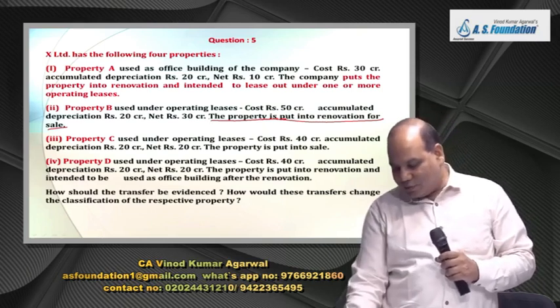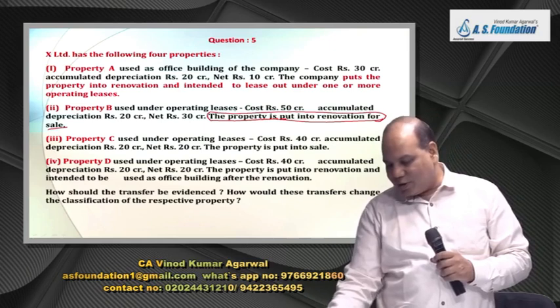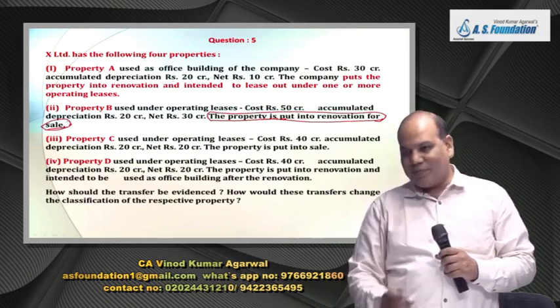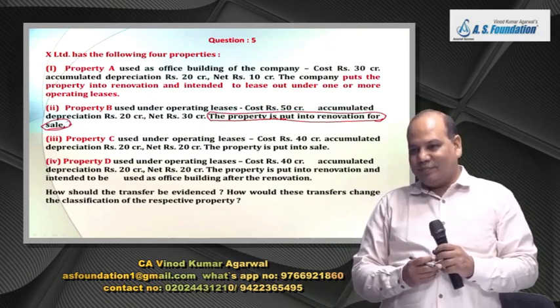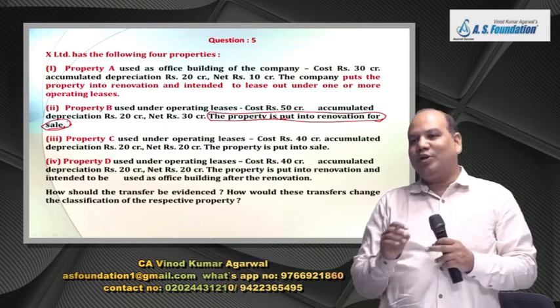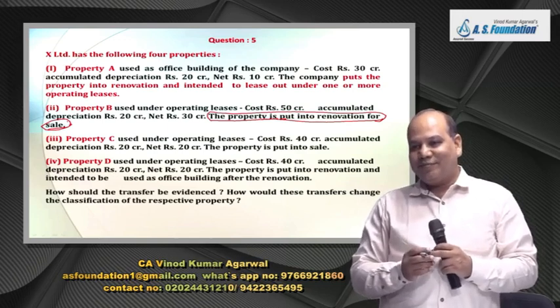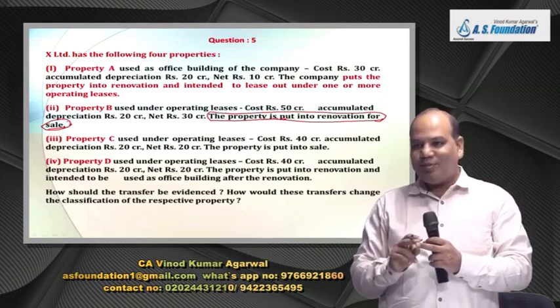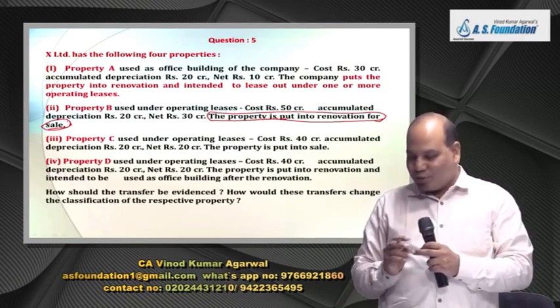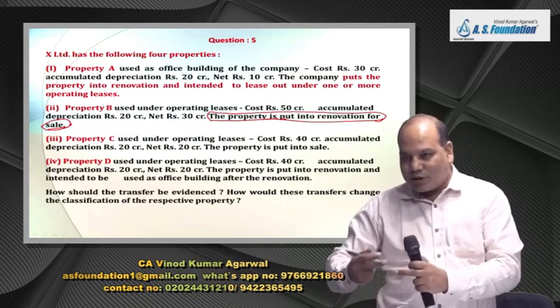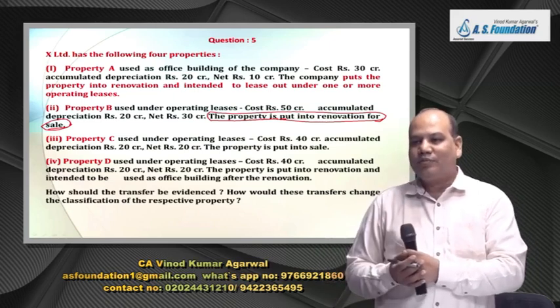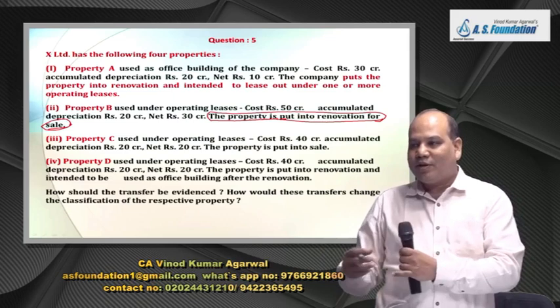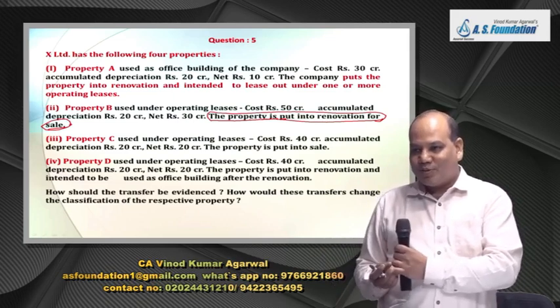But in case of inventory, some expenditure can be incurred to make it ready for sale, no? That is not the only definition of inventory. Inventory can be finished goods, WIP, raw material. So it requires some more expenditure and then it will be sold. Inventory is not always in a ready to use condition to be sold.